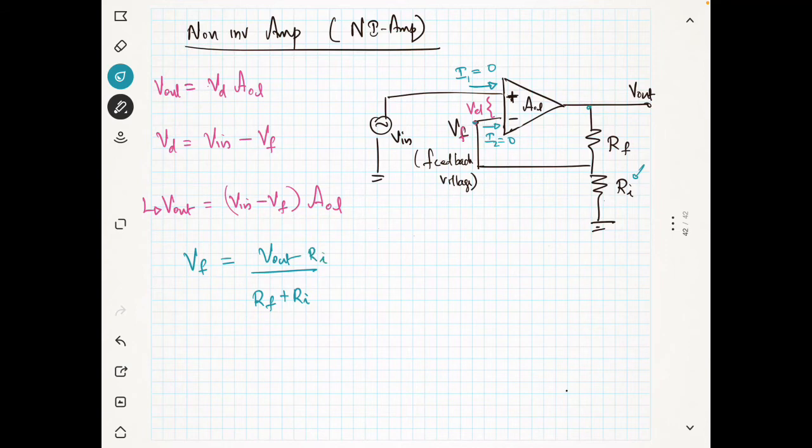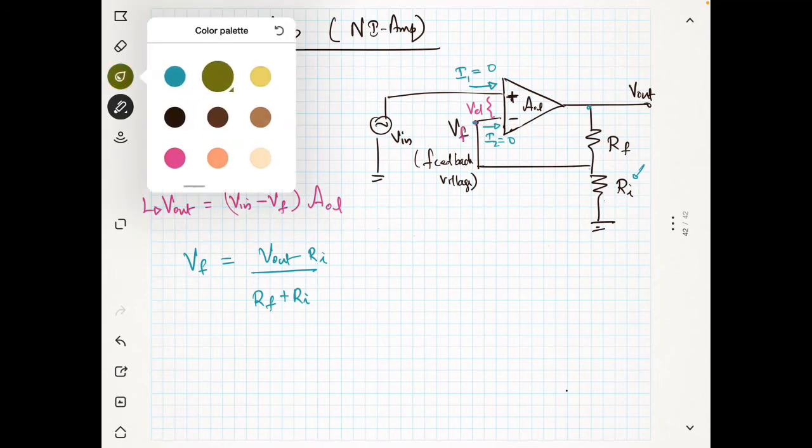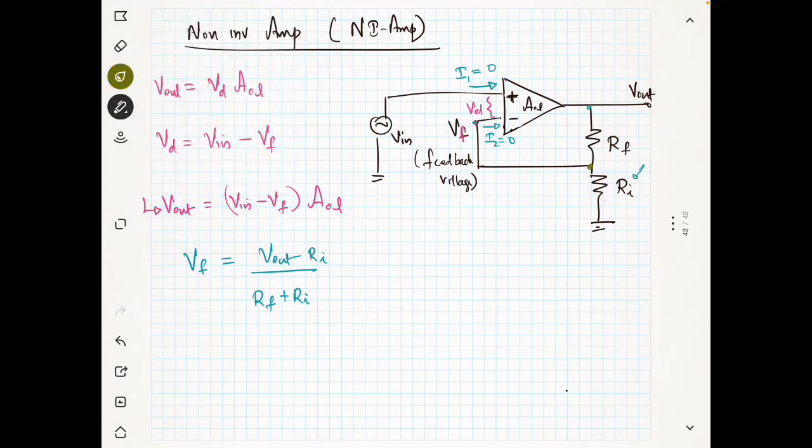You can assume the Kirchhoff law also. There is another method. This is I1, let's say this is I2, and this is I3. So I1 plus I2 plus I3 is equal to 0. But I1, which is going into the op-amp, is equal to 0 ampere. So 0 plus, what is I2? This voltage is also VF.